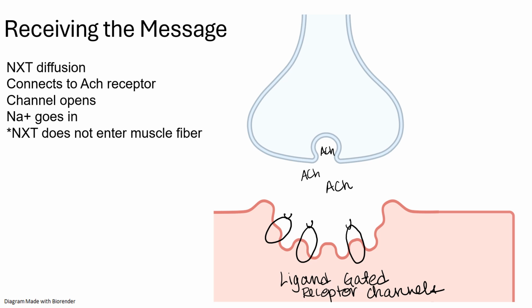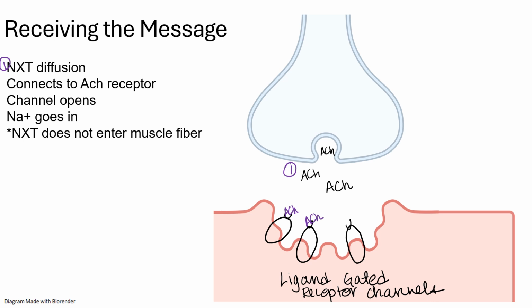So here we are, continuing from the previous slide, and we have the neurotransmitter, which in this case is acetylcholine, and the neurotransmitter is diffusing from the area of high concentration across the synapse. As ACH crosses the synapse, it says, oh geez, there's a seat just for me.